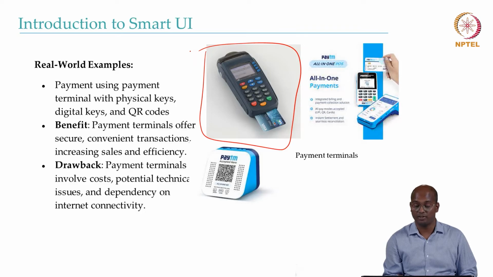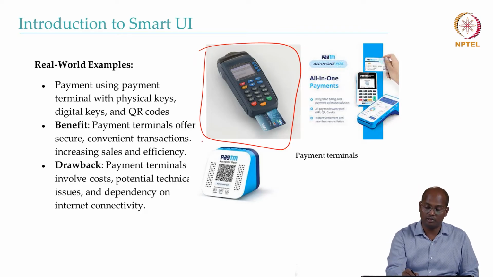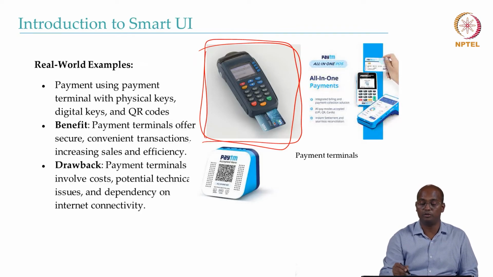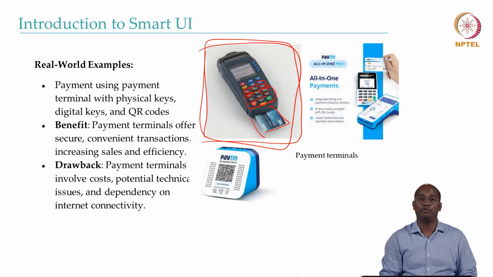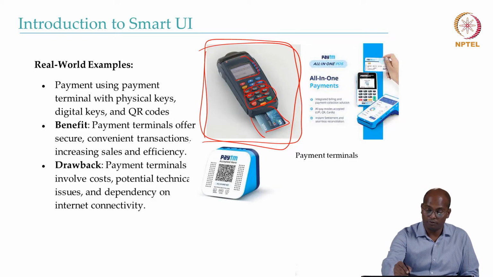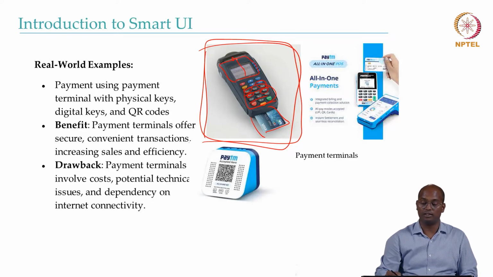Here you can see one of the early payment terminals. It has keys. Once you insert your card, it asks you to enter your PIN, for example 4613. After entering this four-digit PIN, you perform the transaction.